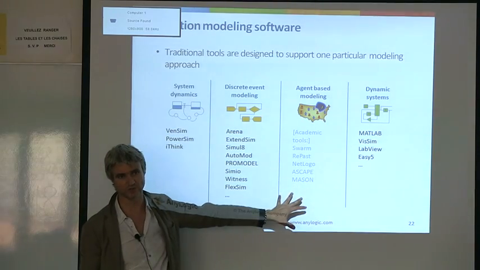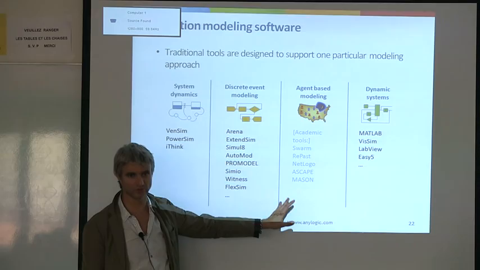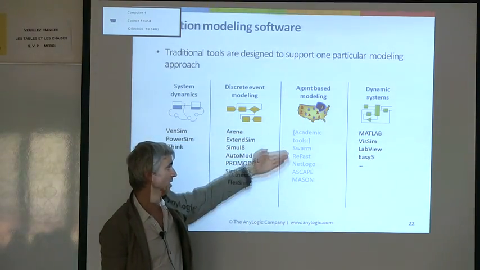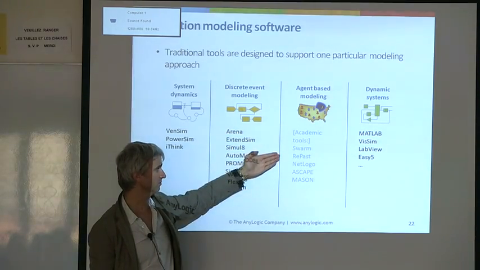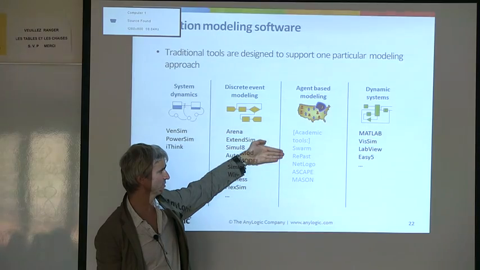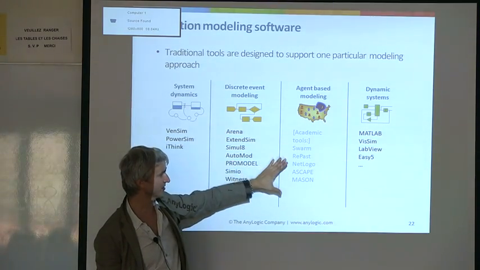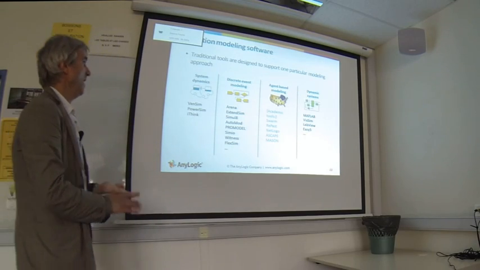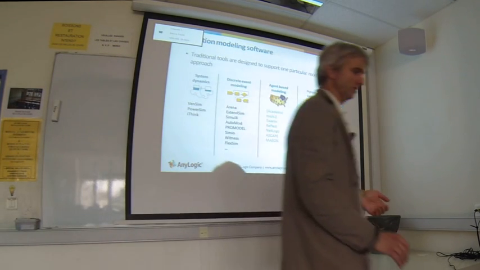Here in agent-based modeling, AnyLogic is to date the only professional tool for agent-based modeling, but you also have some open source stuff like Swarm and Repast. These are more coding, with a graphical interface here, but these are more suitable for, let's say, toy models. But again, each tool supports just one modeling language.